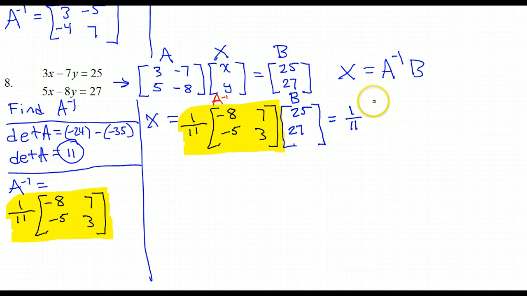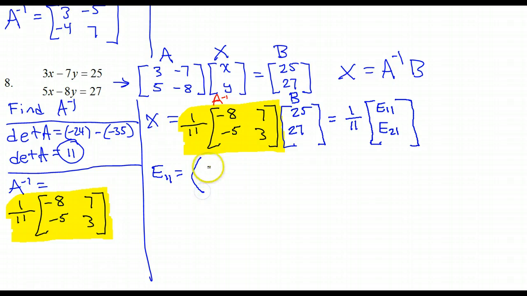If you do this, you're going to wind up getting a 2 by 1 matrix. So I'm talking about element 1, 1 and element 2, 1. I just need to find those elements. So element 1, 1 is going to be row 1 times column 1. So row 1, that's -8, 7, times column 1, that's 25, 27.